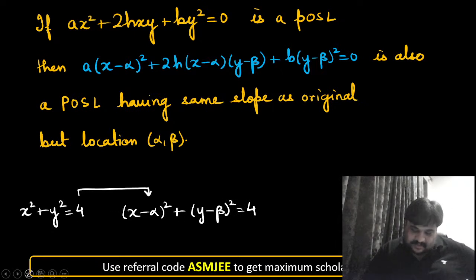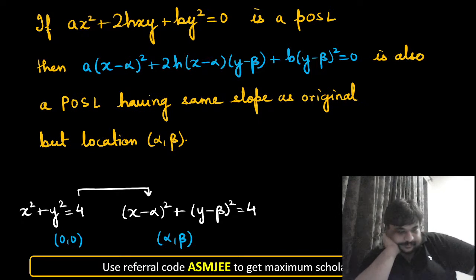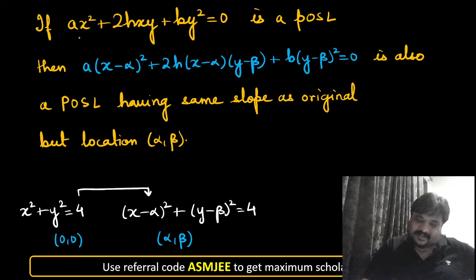Just this is formed at 0 comma 0 and this is formed at alpha comma beta. Similarly, this is formed at 0 comma 0 and this will be formed at alpha comma beta.